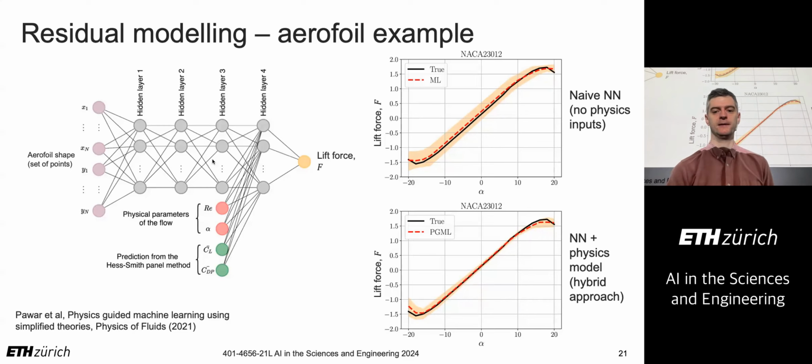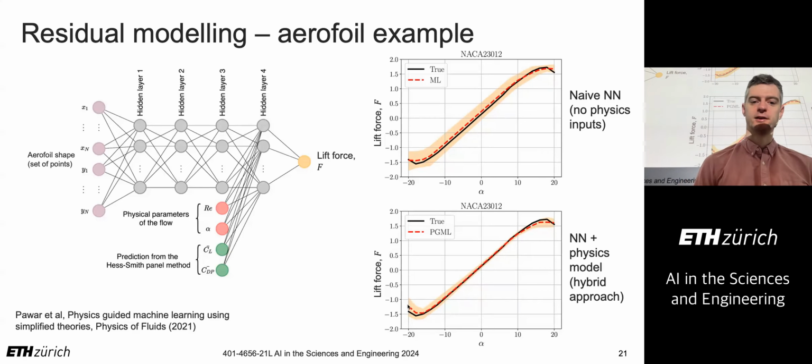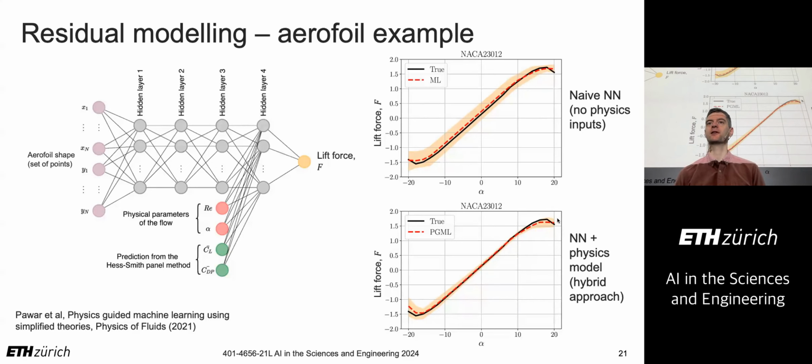It's often done. And so not only was the residual network more accurate in its mean prediction, but the uncertainty estimate from that ensemble of networks was smaller as well. So I think this is really nice evidence that using a neural network in a residual workflow or a hybrid workflow can improve the accuracy and performance of the model just by incorporating physics as an input to the network.